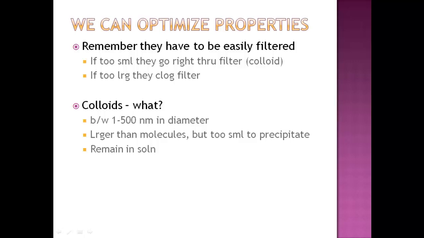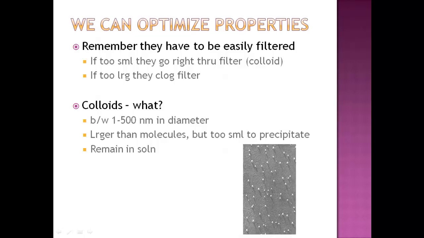But colloids are particles that are between 1 and 500 nanometers in diameter. There is a picture in your book, figure 7.1, that shows the particle size distribution of colloids formed when iron sulfate is oxidized. And you can tell they're super tiny little particles, even smaller than the regular particles that would be filtered in a normal precipitate.